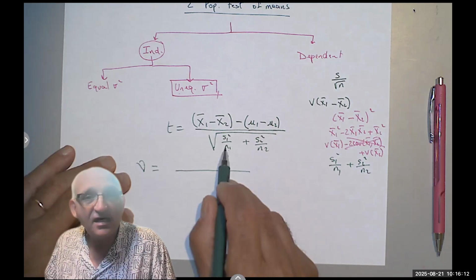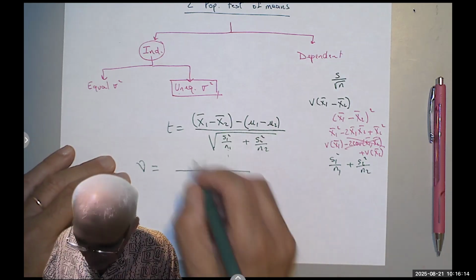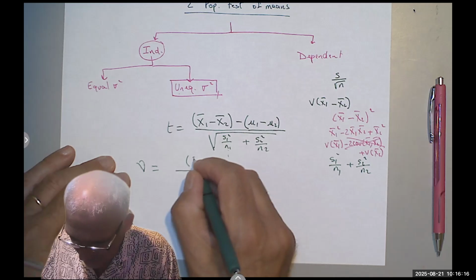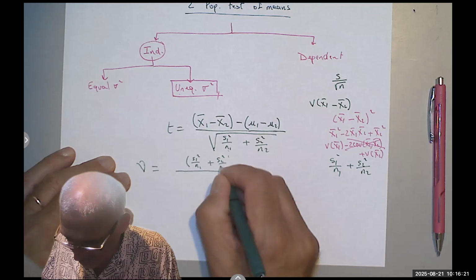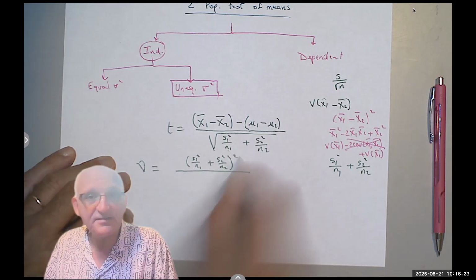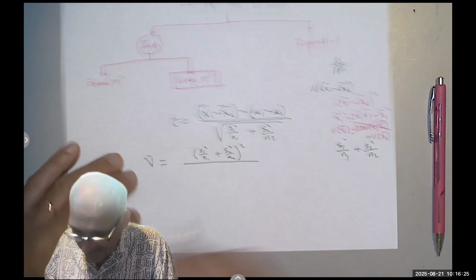Do you see the quantity under the radical? We are going to take them between parentheses. So we say s1 square over n1 plus s2 square over n2. Square that. And then divide.